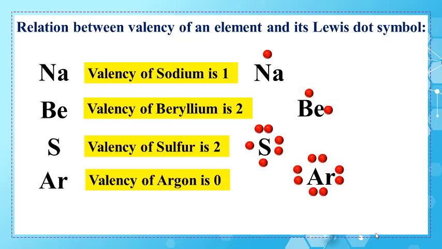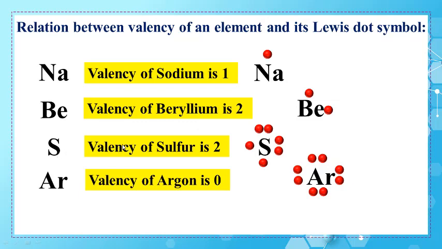Now we have to compare the valency of each element with the number of lone or single electrons in its Lewis dot symbol. For sodium having valency 1, the number of lone electrons in its Lewis dot symbol is also 1. For beryllium having valency 2, the number of single or lone electrons in the Lewis dot symbol is also 2.